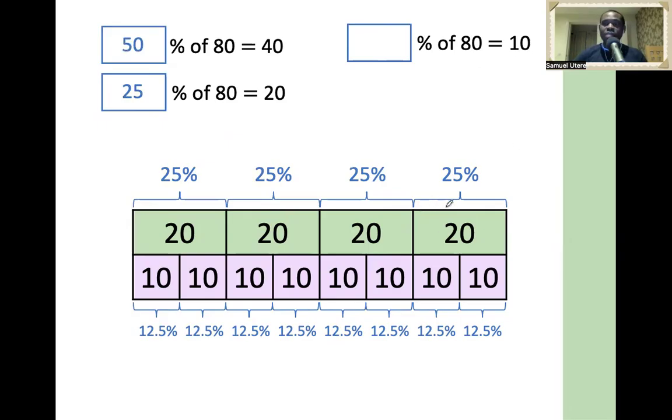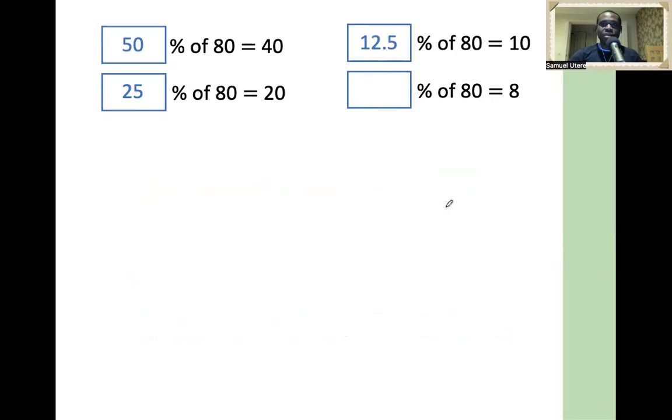To divide by 8 means to halve, and to halve. So you halve again, you halve again, and you halve again, which is 12.5.